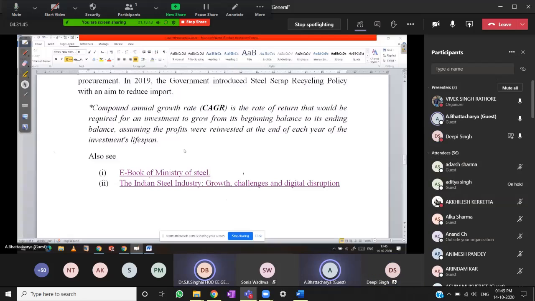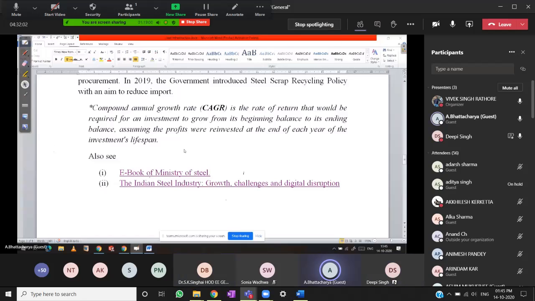Do these plants like Rourkela make their own electric power, or do they take supply from the electricity boards or central sector? Because it is a very power consuming process. Right. You are very correct.